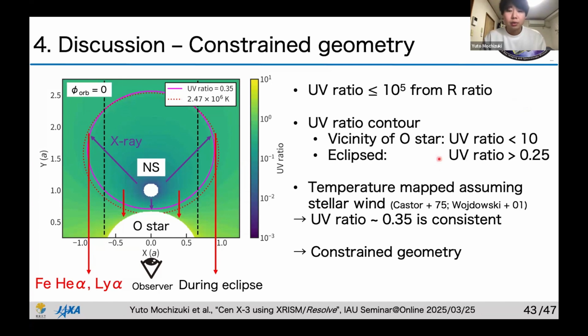So we constrained the plasma geometry and confirmed that the upper limit for the UV ratio estimated using the R ratio is consistent.